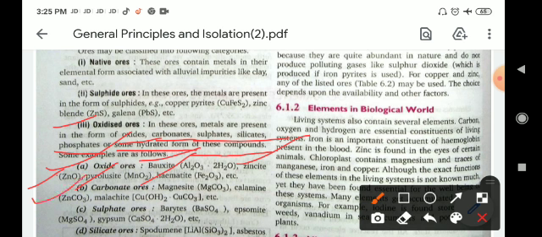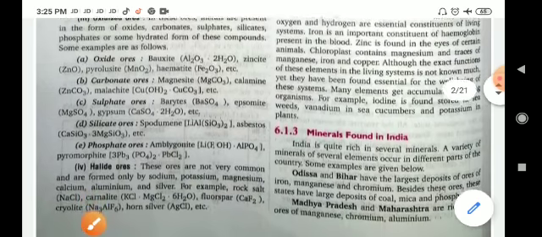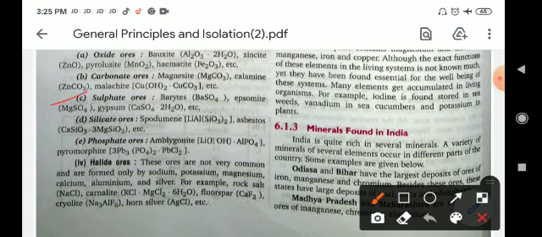Next is carbonate ore, in which magnesite has the formula MgCO3; calamine, zinc carbonate ZnCO3; and malachite, Cu(OH)2.CuCO3, etc. These types of ores are known as carbonate ores. Next are sulfate ores: barite, formula BaSO4; epsomite, formula MgSO4; and gypsum, CaSO4.2H2O.